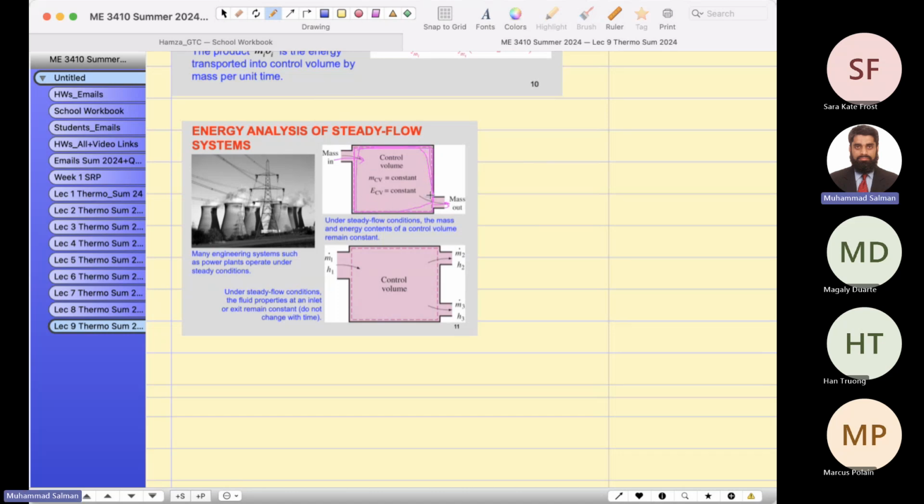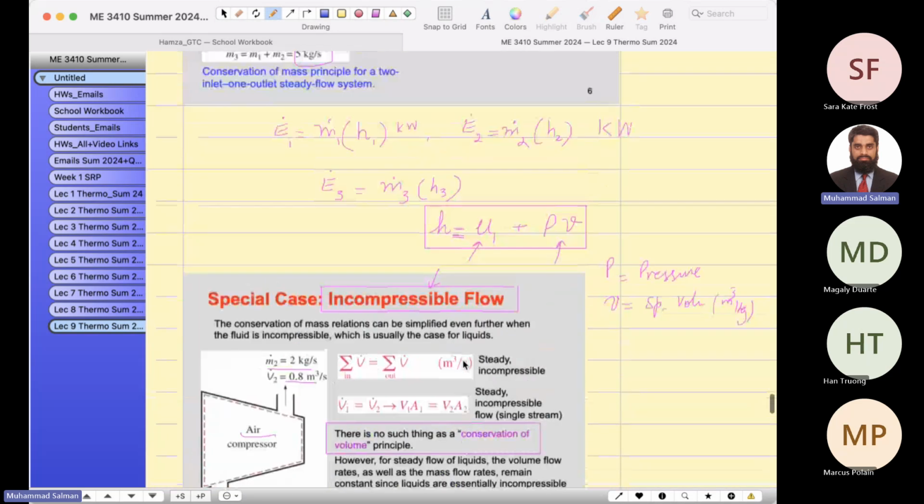This device has a certain capacity, and the mass inside the device remains constant throughout the time duration. This is the steady flow, and energy is also constant with respect to time. I told you that any mass which enters the system contains energy in terms of enthalpy. You see my point, guys? I mentioned all this over here.